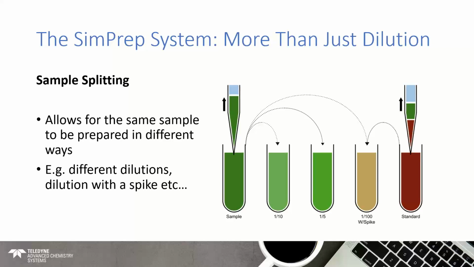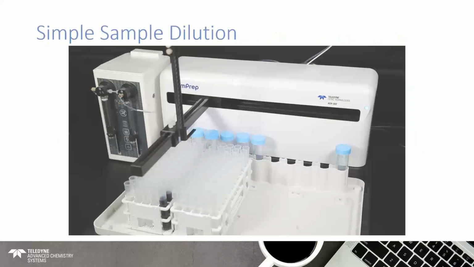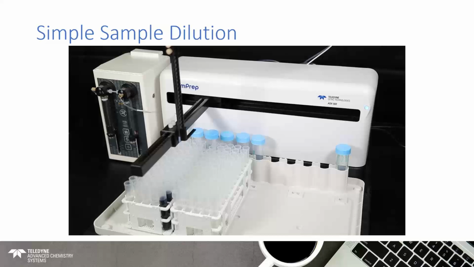Then you might want to do another dilution that would involve something like a spike or an additional media or something like that. So you can end up with multiple samples, in this case 3 samples here, the 3 tubes in the middle, from the original raw sample, and then they can go off for analysis. So sample splitting is another thing that you can do here.